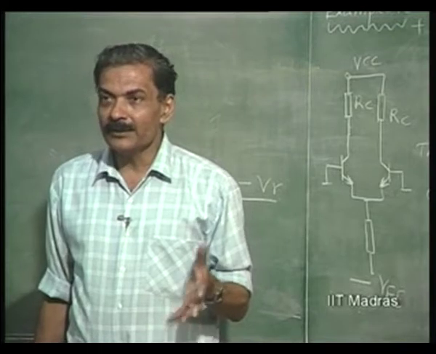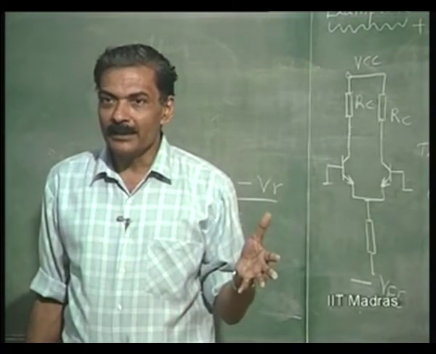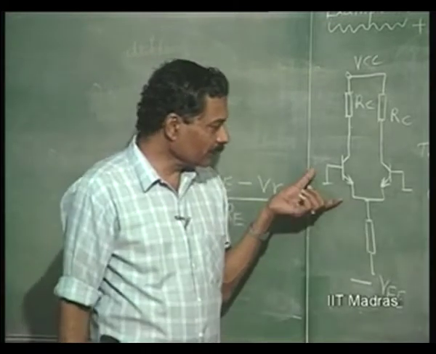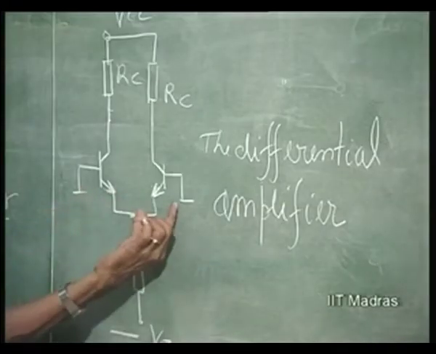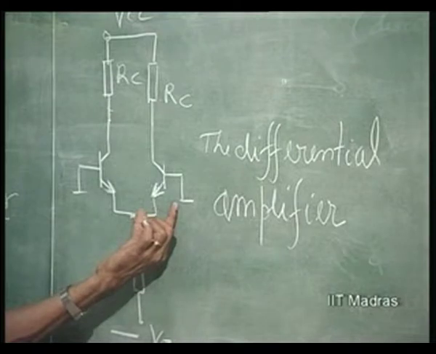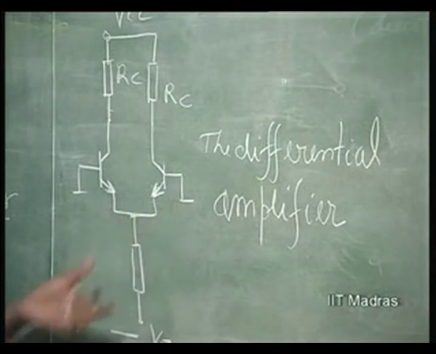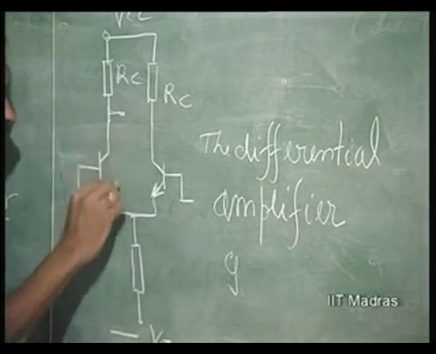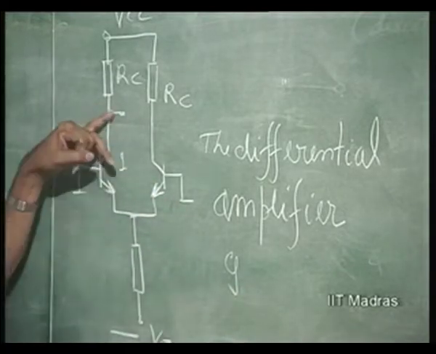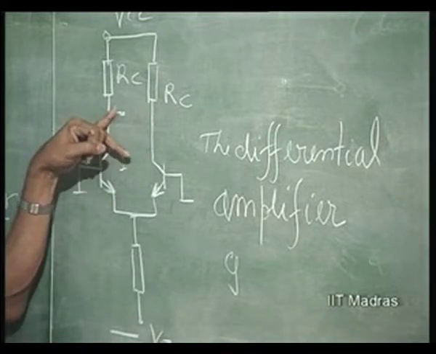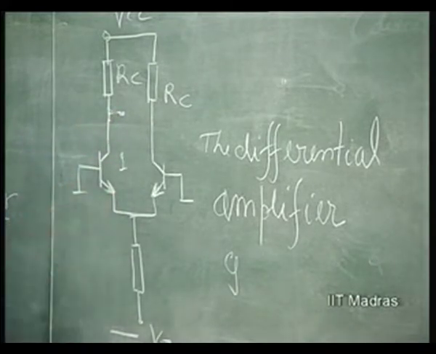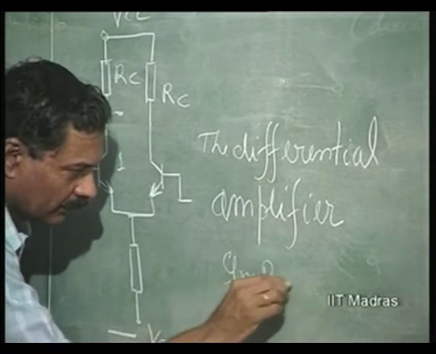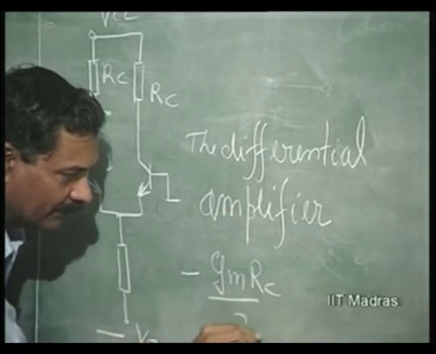Earlier gain was Gm Rc. Now the gain is Gm Rc by 2, because this input voltage is shared between this and this. The gain I am talking of is with respect to collector to ground, single ended gain. So, this gain became Gm Rc by 2.